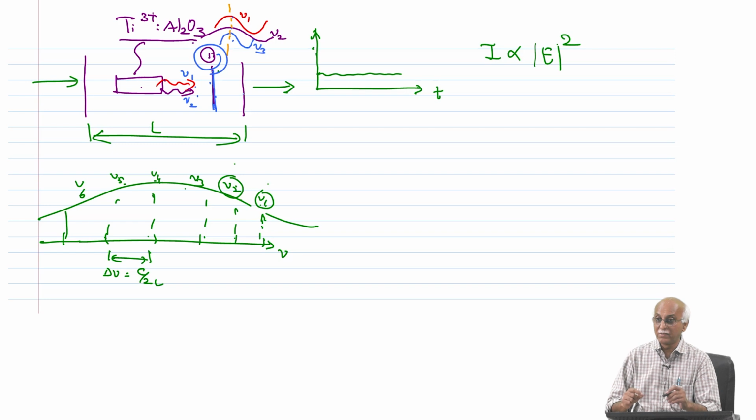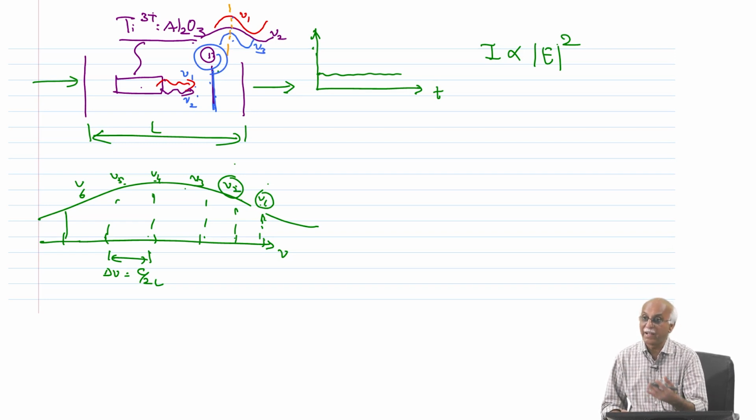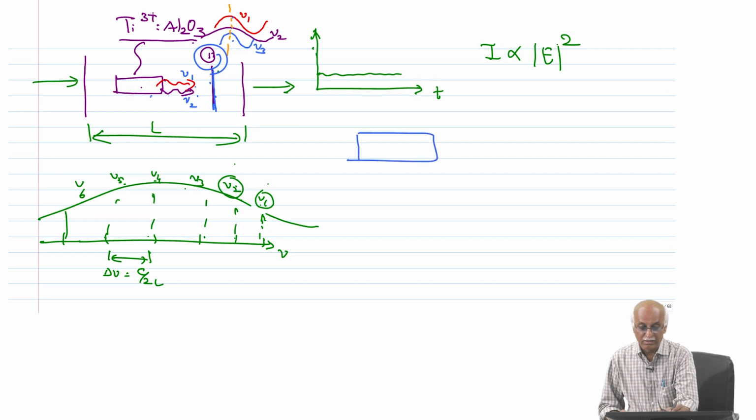Another method is known as the Kerr lens effect. The titanium sapphire crystal is also acting as that Kerr lens. Depending upon the intensity of the laser, the refractive index of this material changes with the light intensity.